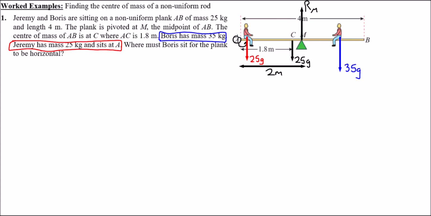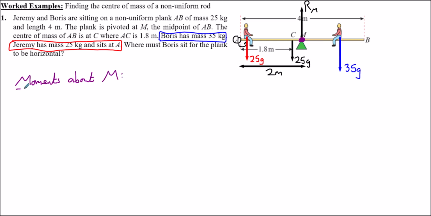However, we know all of these weights. What we don't know is this reaction force. And so we could be tactically clever and take our moments about M. If we do that, R_M is eliminated because the moment of R_M, because it goes through M, is 0. So let's take moments about M.